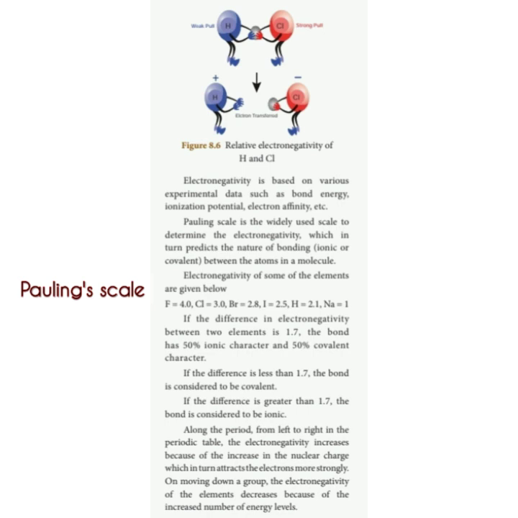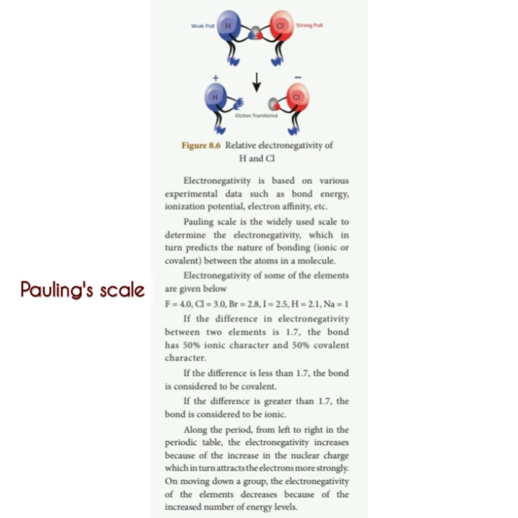The electronegativity of some elements is given; these may come as an objective type question. Fluorine 4.0, chlorine 3.0, bromine 2.8, iodine 2.5, hydrogen 2.1 and sodium 1.0. Fluorine has the highest value, 4, so electronegativity is maximum for the fluorine atom, and sodium is very low, equal to 1.